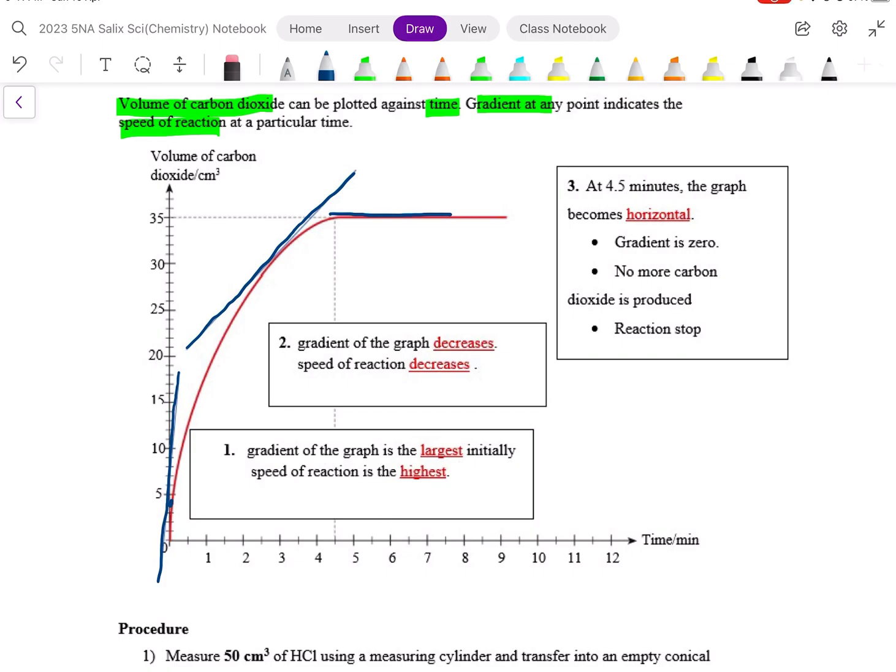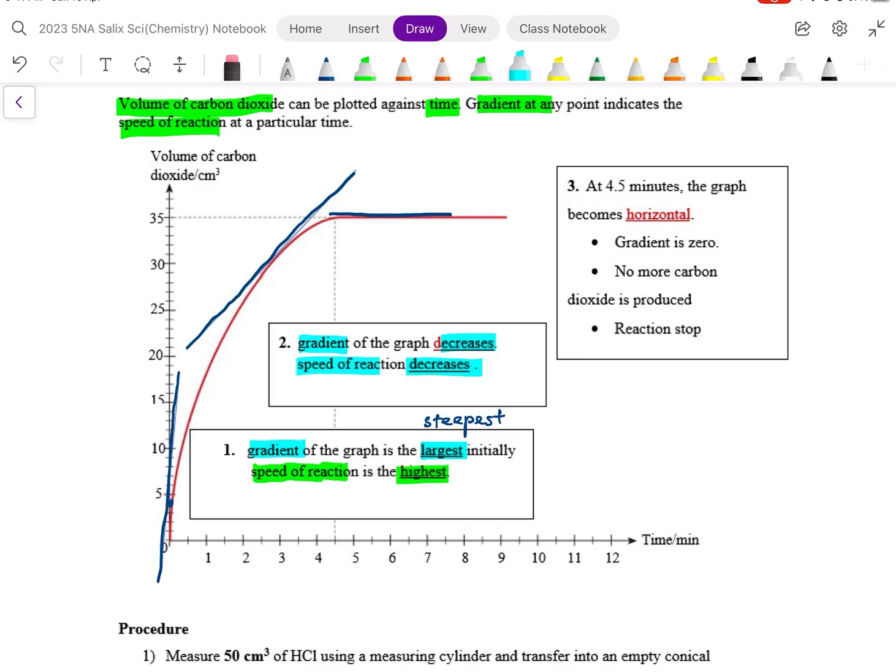Initially, in this type of scenario, the gradient is the largest, or sometimes we use another word, steepest, initially. Then the speed of reaction is the highest. Next, what you notice is that the gradient of the graph decreases, so the speed of reaction will decrease as well.